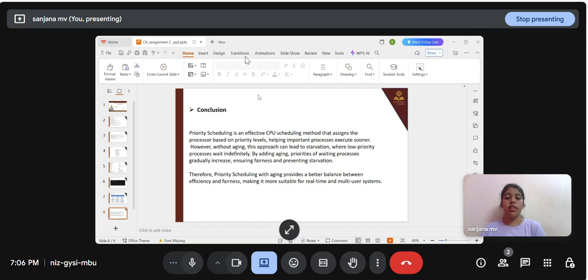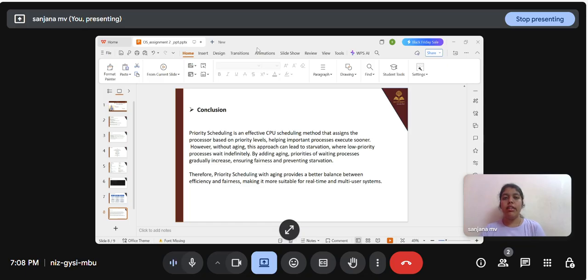To solve this, we implemented aging, where the priority increases the longer a process waits. This improvement gives a better balance between performance and fairness, making priority scheduling with aging more suitable for real-time and multi-user operating systems.